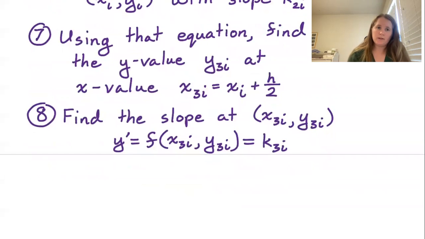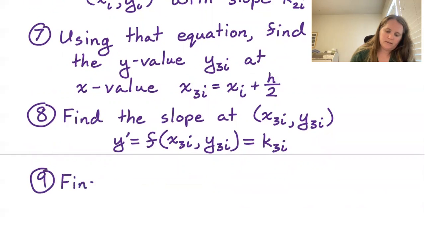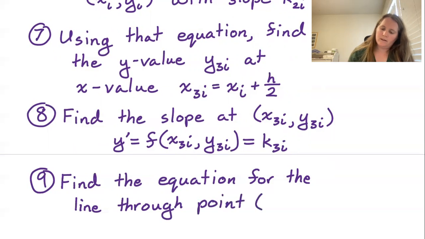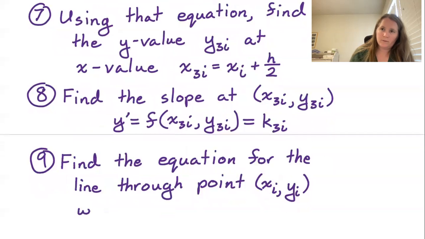Now we're going to do one more equation. So we'll find the equation for the line through point xi, yi with slope k sub 3i.